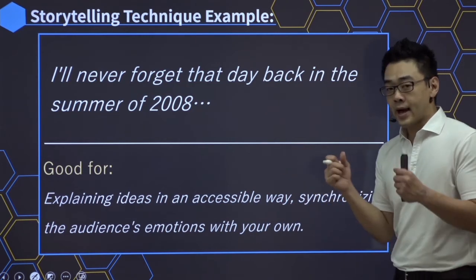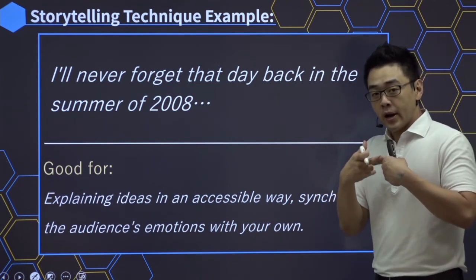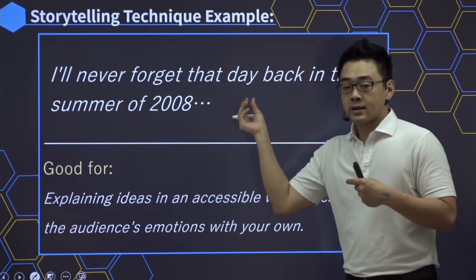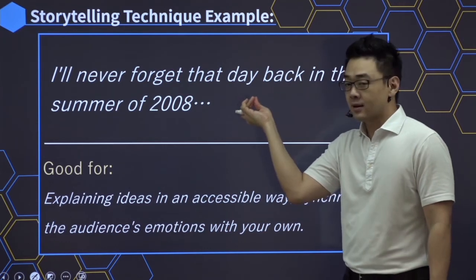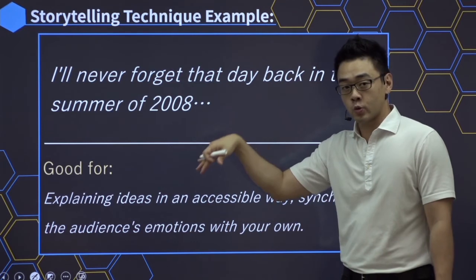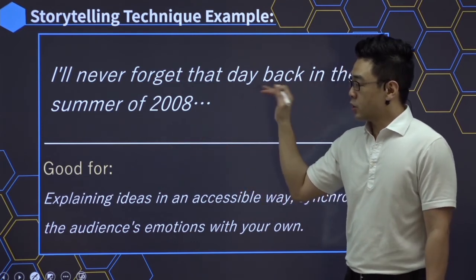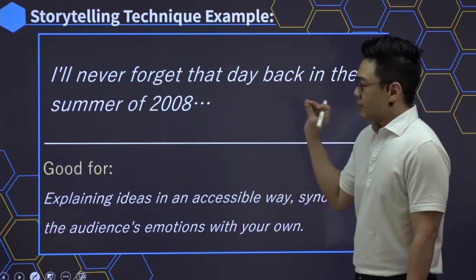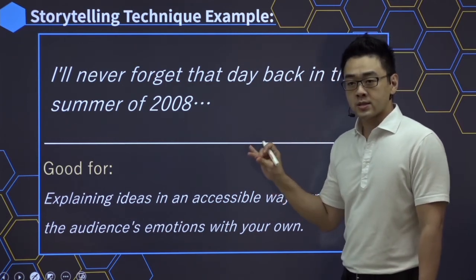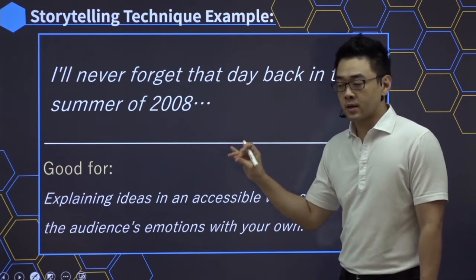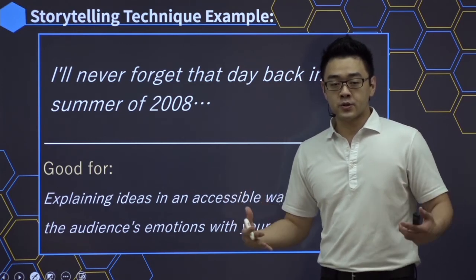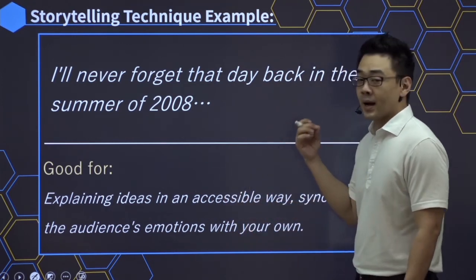So story actually can sync the audience's and speaker's emotion, because once you are connected with the audience, it's very easy to guide them through your emotion, because you can say that, I'll never forget that summer of 2008. I almost lost my life because I was a very heavy person and I thought that I might die.